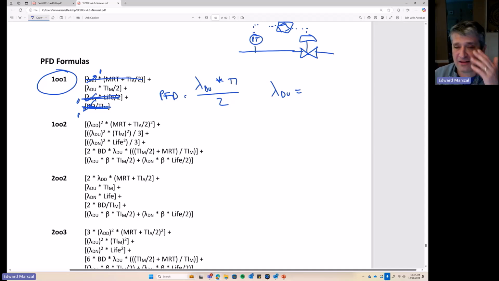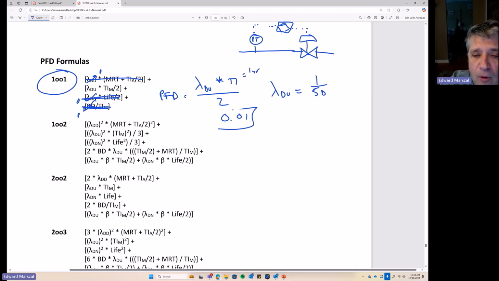And let's just say that lambda DU is going to be something like 1 over 50. And then you're going to plug in your numbers to run your calculation. So if you test once a year, it'll be 1 over 50 times 1 divided by 2, 1 over 100. That's going to get me to a PFD of, if it's 1 year, 0.01.